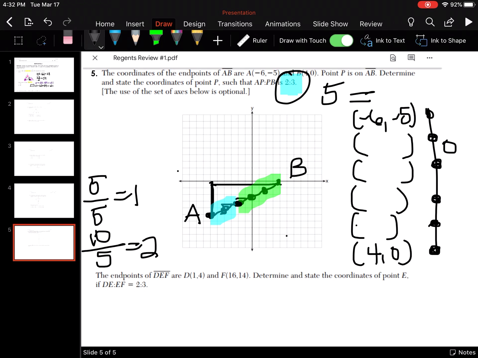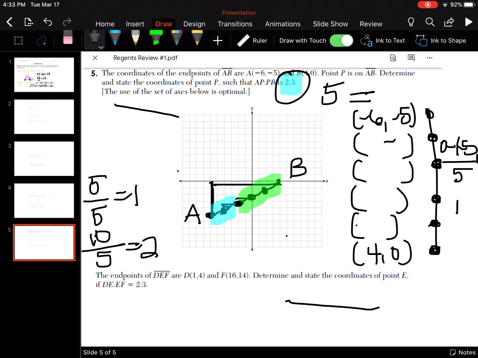So 0 minus a negative 5. It's not going to let me write, so let me erase. So 0 minus negative 5, and divide that by 5. So 0 minus negative 5 is 5. 5 divided by 5 is 1.